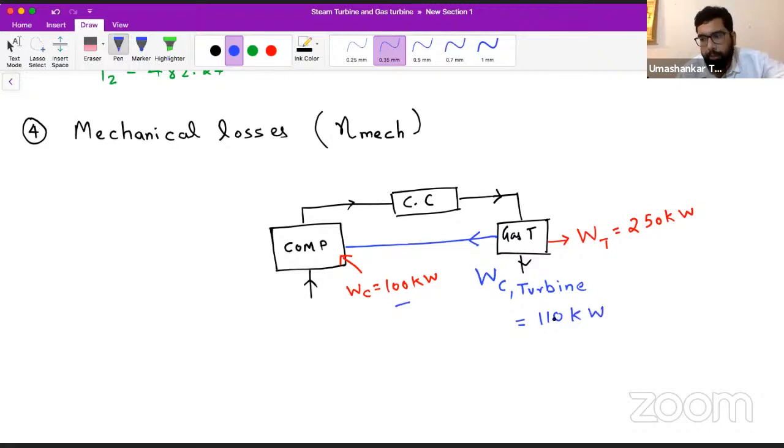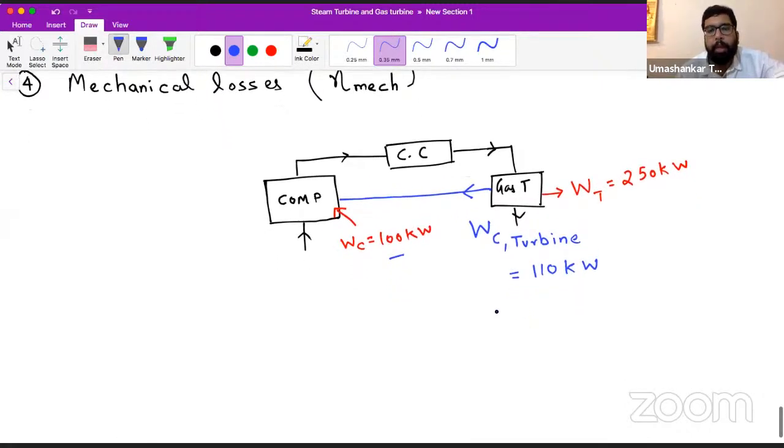Something extra you must give, because energy will be lost during this transmission due to frictional effects and other effects. So although you require 100 kilowatt at the compressor, you must take out 110 kilowatt from the turbine to be sent to the compressor.